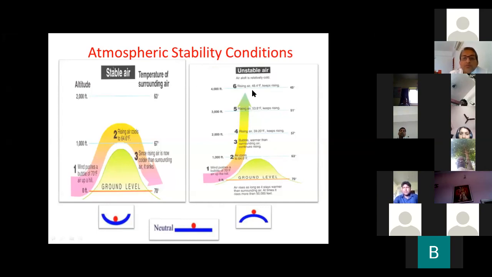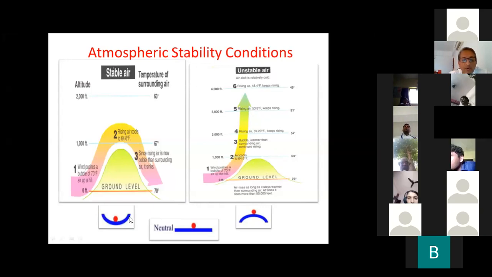And to understand this simply, diagrammatically, the red one is the pollutant, and this blue profile is the stable condition. What is happening is that the pollutants are retained here, and in the same thing in the unstable condition, the profile is opposite and the pollutants are escaping high into the atmosphere.